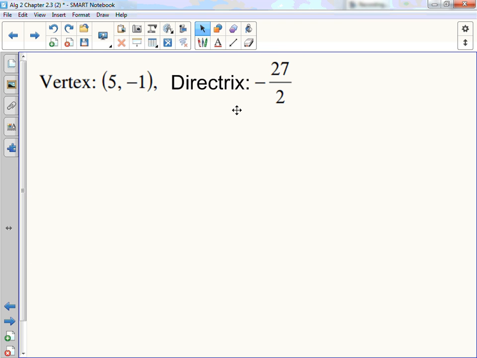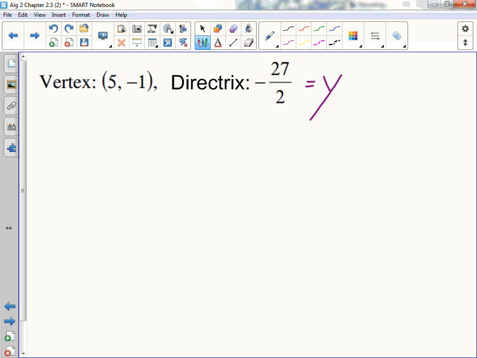Now this here, vertex is (5, negative 1), and directrix is negative 27 over 2. Something's wrong with that slide. Does anybody notice what it is? Something's missing. I believe it says equals y on y equals, doesn't it? On y'all's page? Yeah, y equals. Now this isn't a problem because I'm going to write it back.